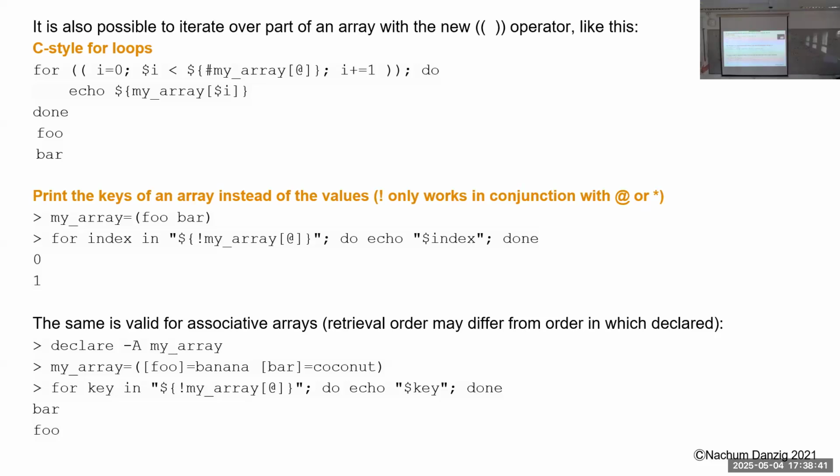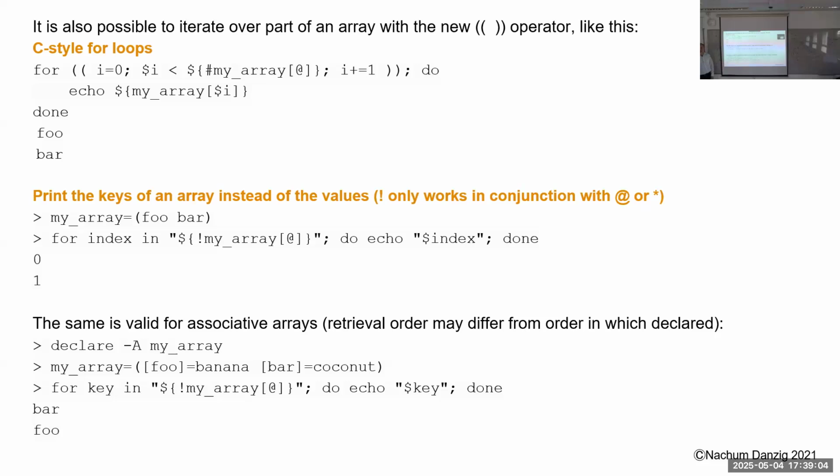Right? I could have phone numbers, I could have area codes, and listed to the counties that those area codes are related to. I have a map. So in this case, I want to print the foo and the bar, not the banana and the coconut. So I do the same thing with the exclamation mark, and I get bar and foo.